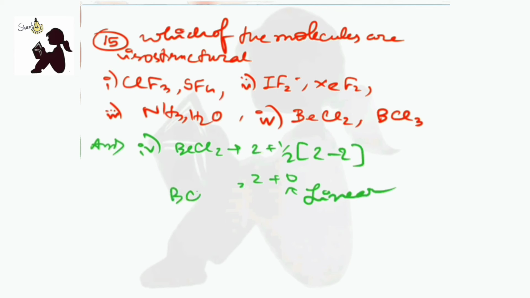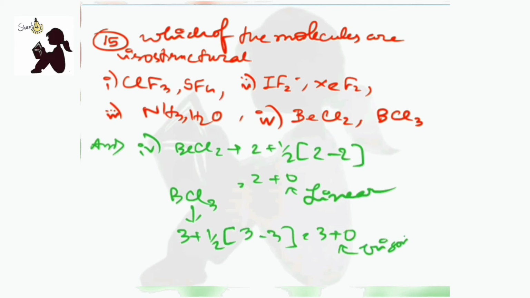Now for BeCl3, it will be 3 plus half into 3 minus 3. So it will be 3 plus 0. So it will be trigonal planar. So it's also not isostructural. So our second option is correct.